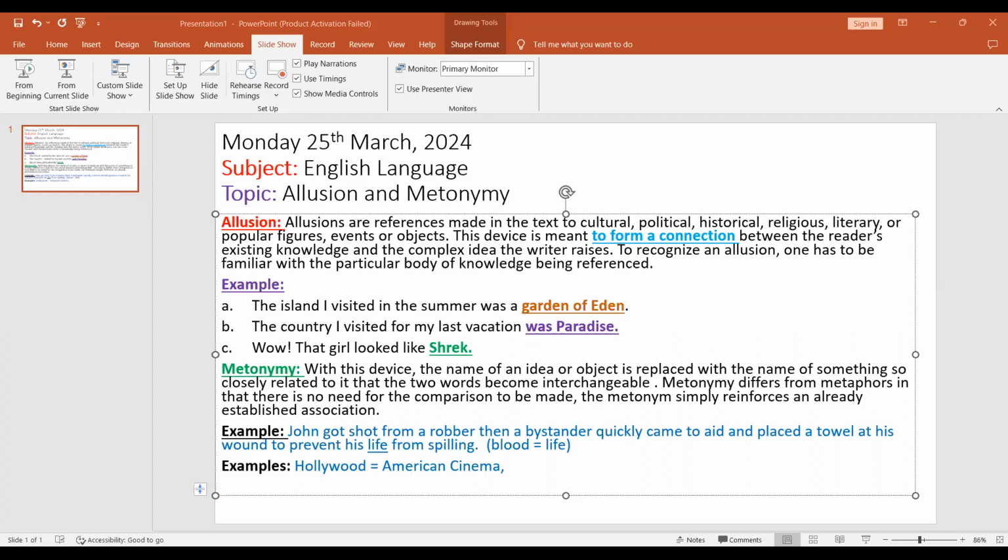Let's say, for example, I say, the Crown decided to invest more in renewable energy sources.